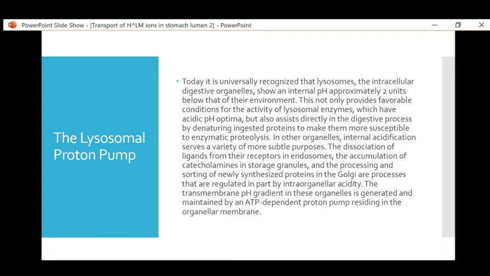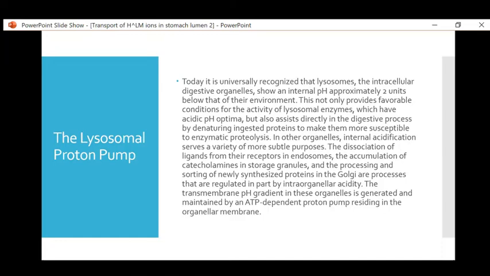Moving on from the gastric proton pump to the lysosomal proton pump. Today, it is universally recognized that lysosomes, the intracellular digestive organelles, show an internal pH approximately 2 units below that of their environment. This not only provides favorable conditions for the activity of lysosomal enzymes, which have acidic pH optima, but also assists directly in the digestive process by denaturing ingested proteins to make them more susceptible to enzymatic proteolysis.